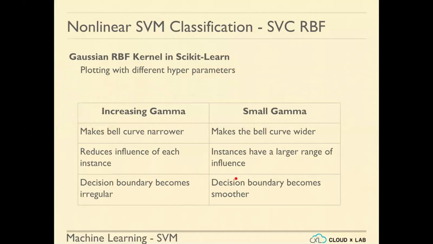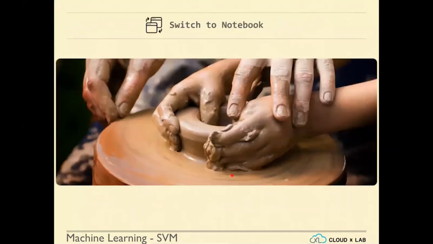So kernel as poly or RBF. So we prefer actually the kernel as RBF because kernel as RBF does a very good job. Generally our preference is RBF, but there's no harm in also just taking a look at the kernel as poly.